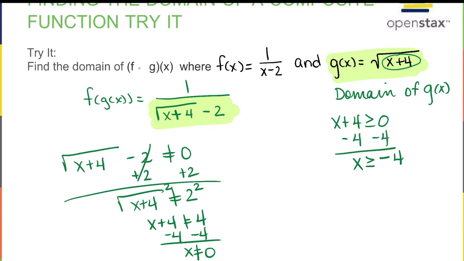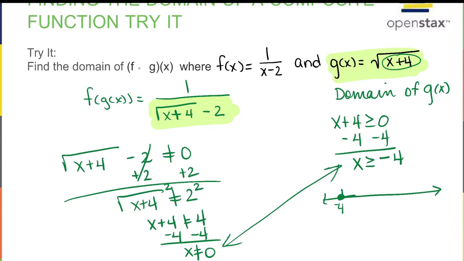But also, both of those have to be true, so we combine this. All real numbers greater than negative 4 except for 0. That's what that means. If we had a number line, here's negative 4.